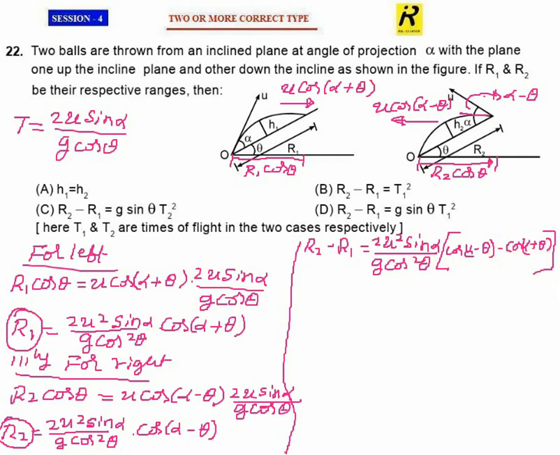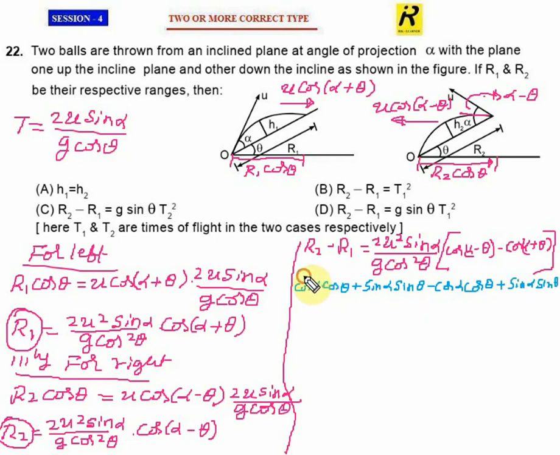But what I can understand from this: cos(alpha minus theta) I may write as cos alpha cos theta plus sin alpha sin theta, and minus cos alpha cos theta, minus of minus, which becomes plus sin alpha sin theta.